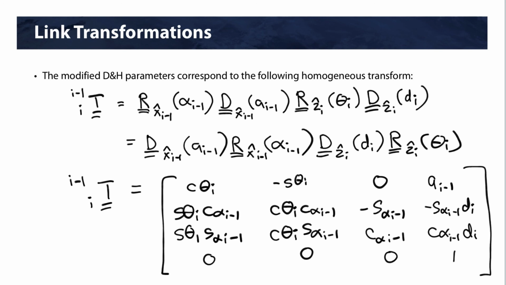And so that is our 4x4 homogeneous transform. You can see we have our 4 D&H parameters in it: we have theta i, alpha i-1, ai-1, and di. This is an important formula, and we're going to use that throughout the course.